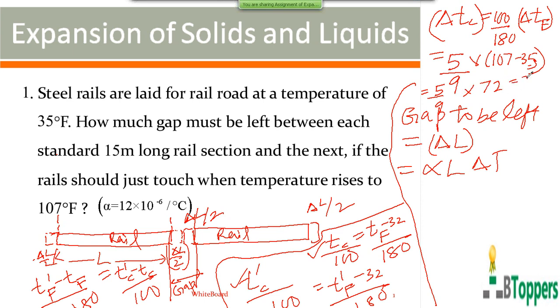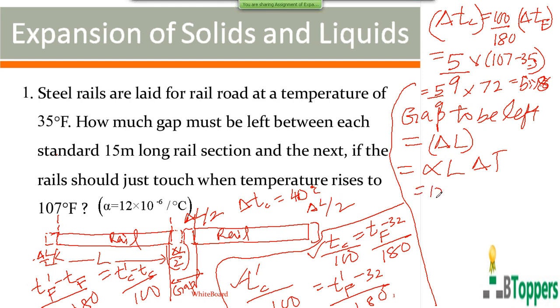That is 5 into 8. Or change in temperature on centigrade scale can be taken to be equal to 40 degrees centigrade. Of course, change in temperature on Kelvin scale will also be numerically same, 40 degree Kelvin.